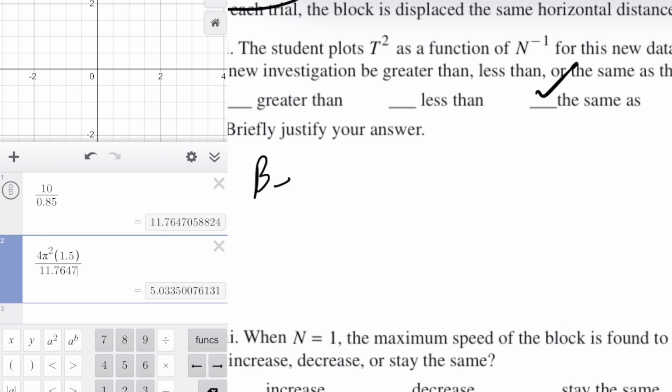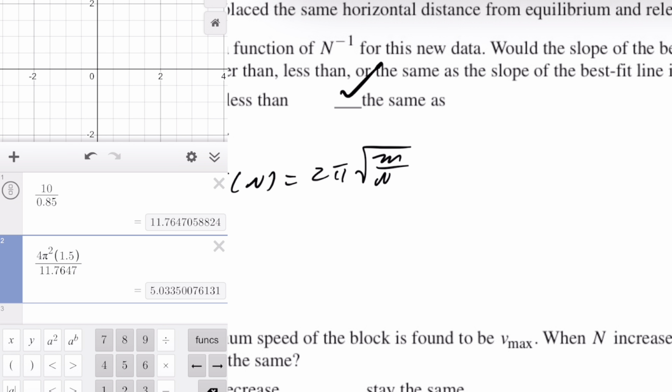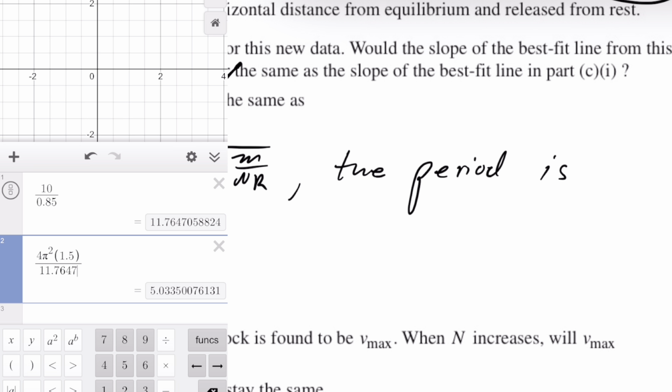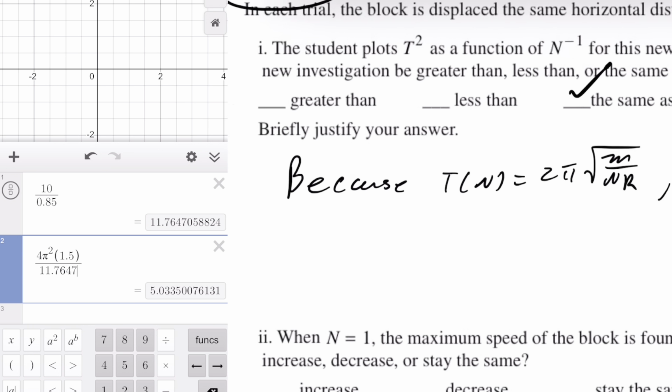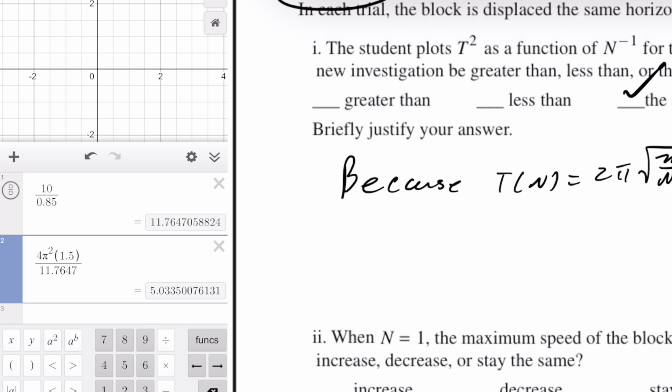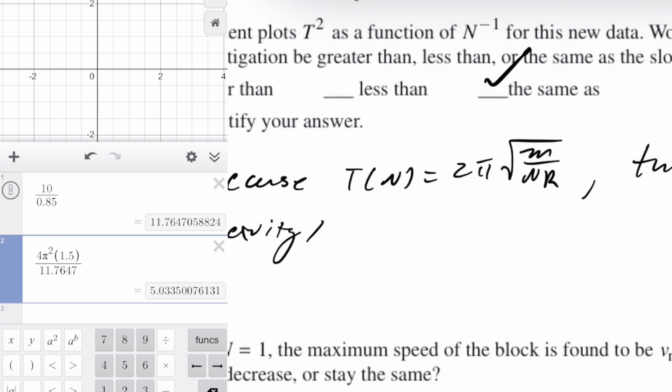So because T of n equals m over nk, the period, I guess you could say squared, is independent of gravity, gravitational forces.